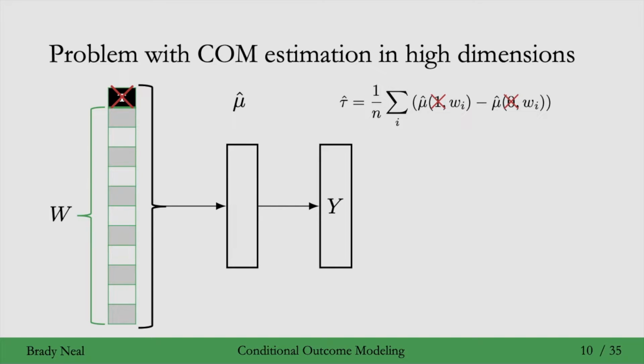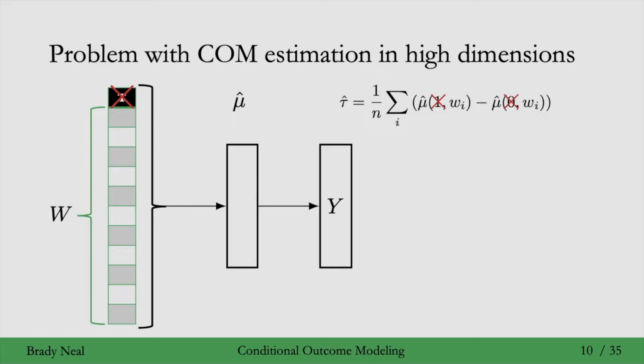So in a neural network or a linear regression, this means assigning 0 to the weights that are coming out of t. Or it could even just be assigning really small values to those weights so that t isn't contributing much in the prediction for y. So this kind of intuition might lead you to believe that COM estimation can be biased towards 0.